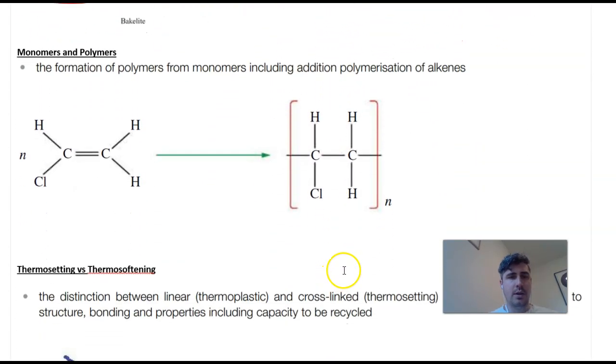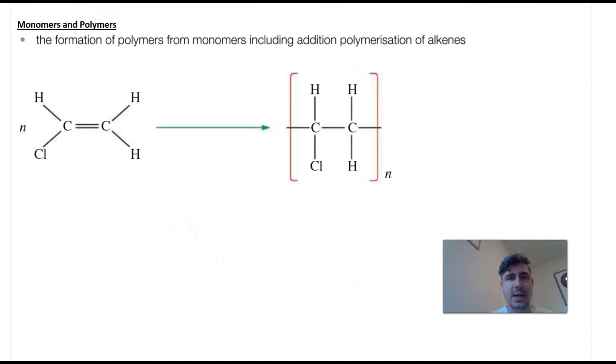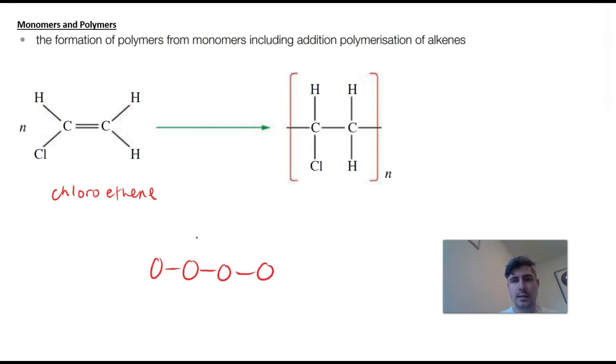If we look at the formation of this, a monomer turning into a polymer, this one's the most basic one you can get. You start with an alkene, with a carbon-carbon double bond here. This one's chloroethene. If we put more than one together, they'll form a chain of monomer units. We show this with brackets and the symbol n to mean n number of units.